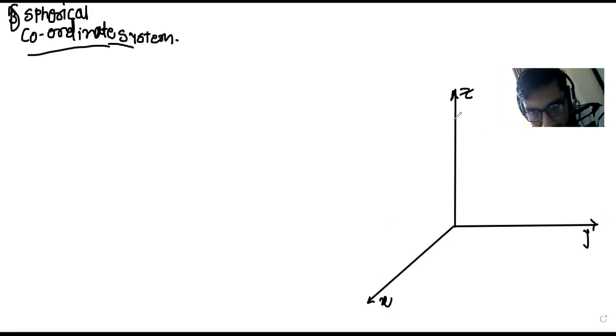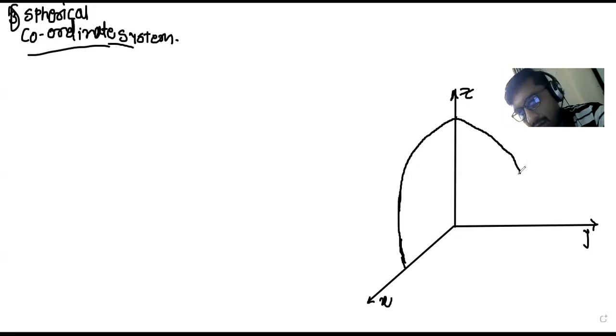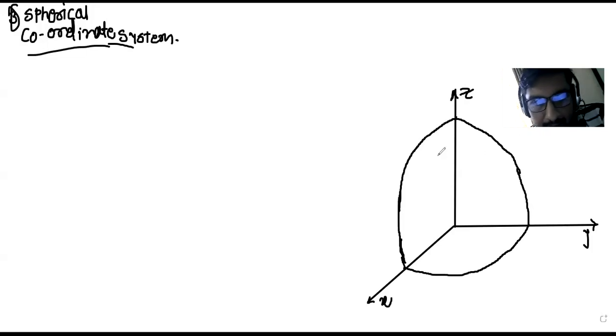So if I could draw this, it will look like this. This would be the section of watermelon on xz plane. Right. So this would be the cross section of watermelon on yz plane, and this is the cross section of watermelon on xy plane, right? So that's all. This is your spherical coordinate system.